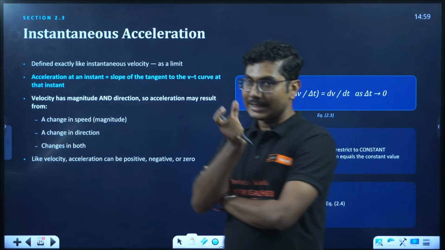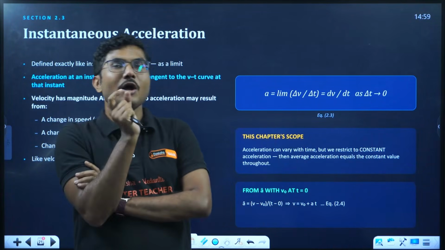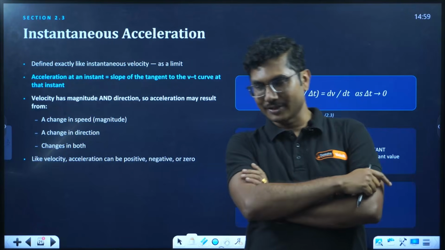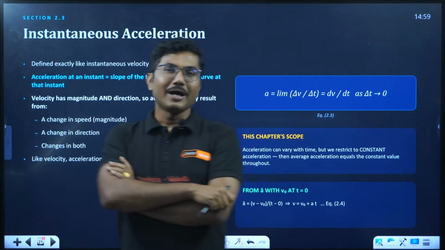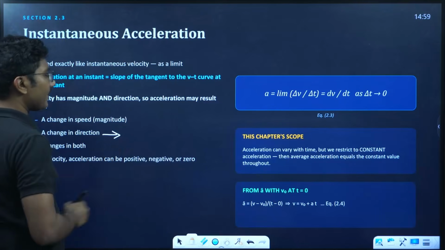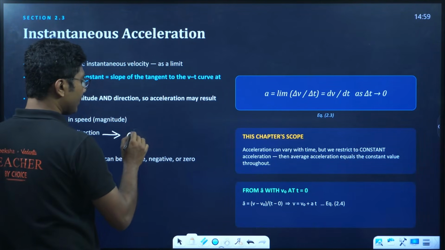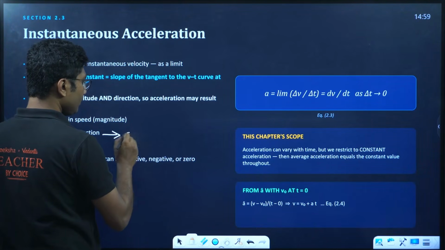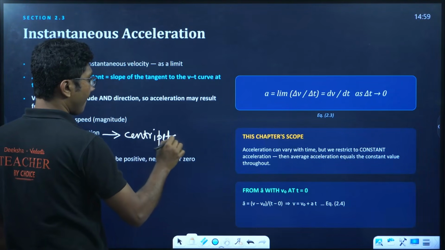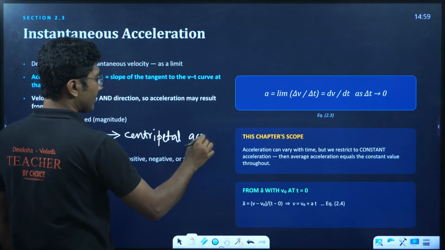So either it can change the magnitude of v, or if only the direction is changing, there will be an acceleration. One of the major applications of this we will see in our next chapter, which will be centripetal acceleration.